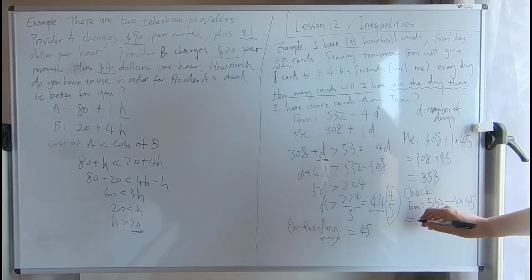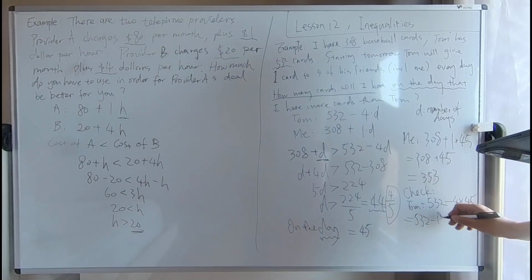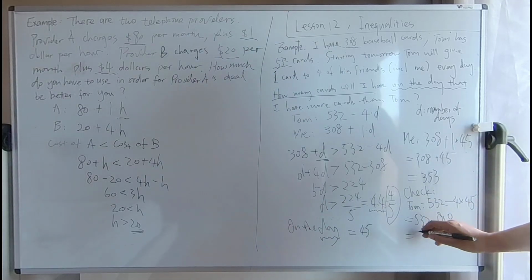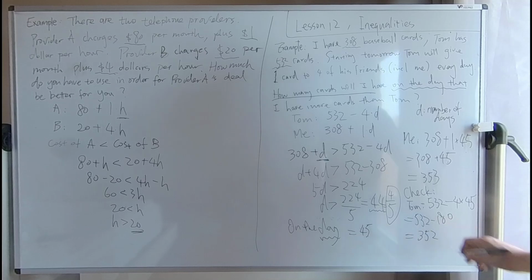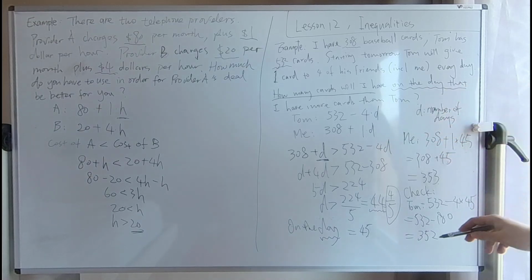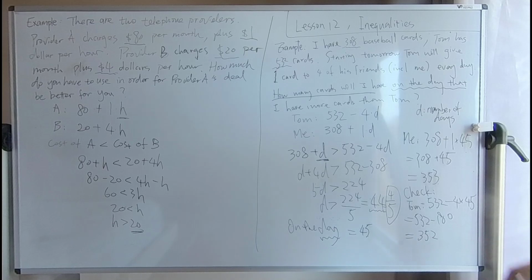So Tom will have 532 minus 180, and then the subtraction between these two will give you 352. So Tom has 352 and I have 353. I have just one more card than Tom. That's exactly the day that starting that day I have more cards. So this is the solution to the question, and I can validate it in this way.